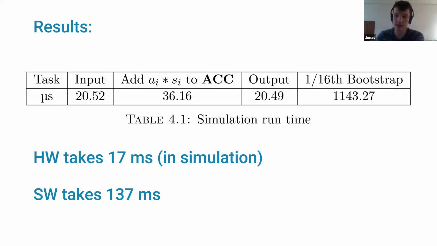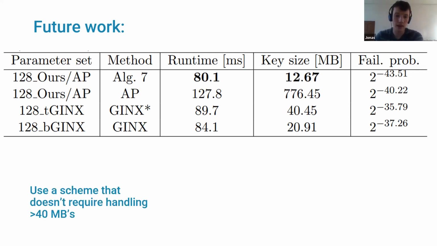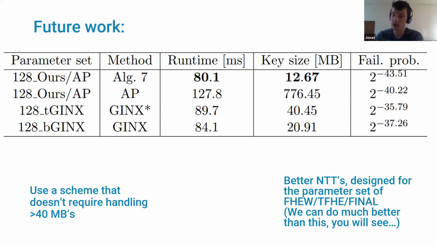But there are other ways that we can improve this design. Namely, first of all, as previously mentioned, there are now schemes that do not rely on high bandwidth memory, which is very nice. So any future endeavor to hardware accelerate FHEW should definitely use that. And secondly, we can build much better NTTs now from what we have learned from Merz et al.